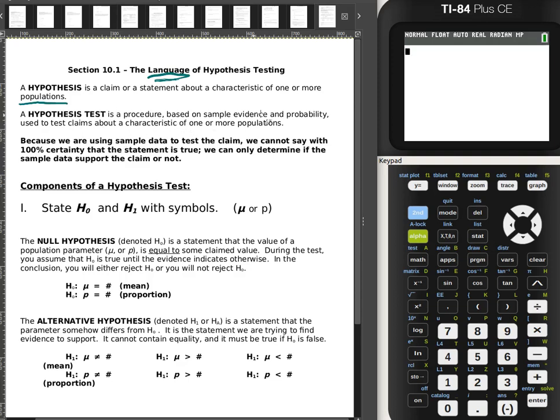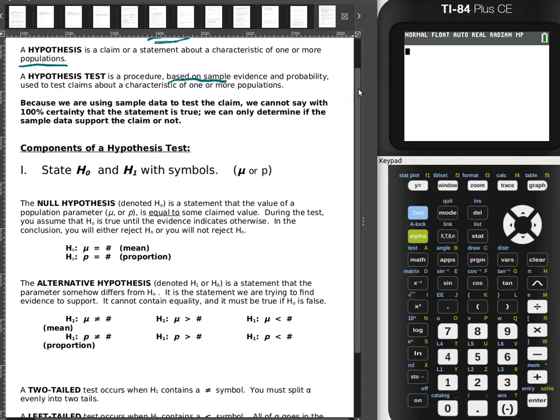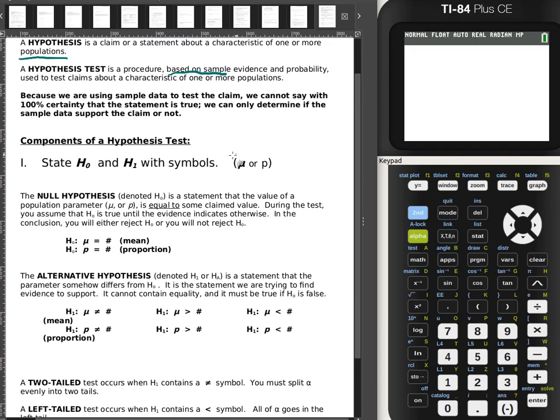And so we will find a sample, of course. The way that we will test the hypothesis will be based on a sample. And we should know by now that samples are supposed to be random. They're supposed to be representative of a population, and that will allow us to use our sample to test claims. But of course, since we're testing these claims by using sample data, we've already seen before things about the sampling distribution of a sample mean, for example. It's possible to take a sample and say the population mean is here.